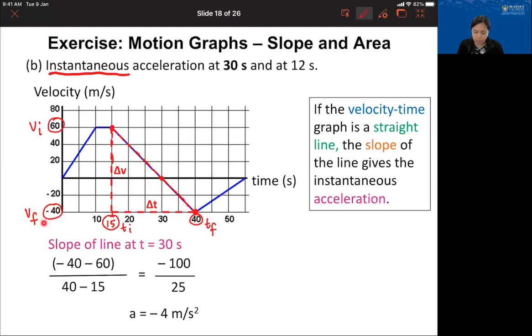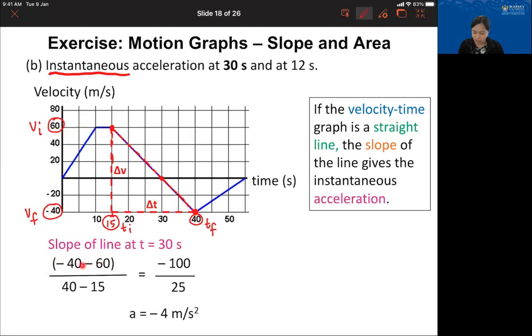The velocity at a later time is negative 40 meters per second. So that's your final velocity. Make sure you include the negative sign in your calculation. So you have negative 40 for your final velocity. Your initial velocity is the velocity at the earlier time, and that is 60 meters per second.